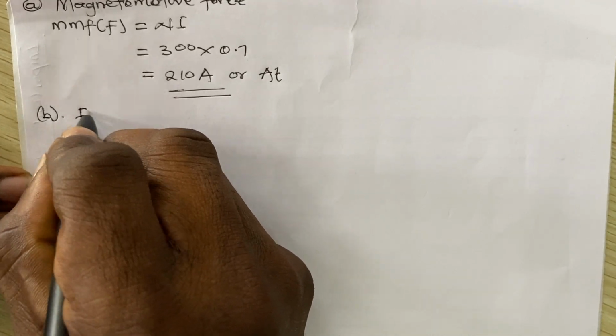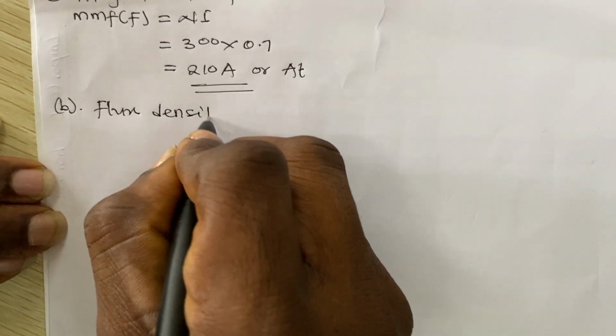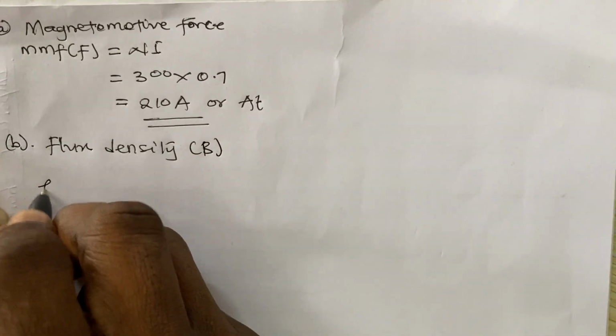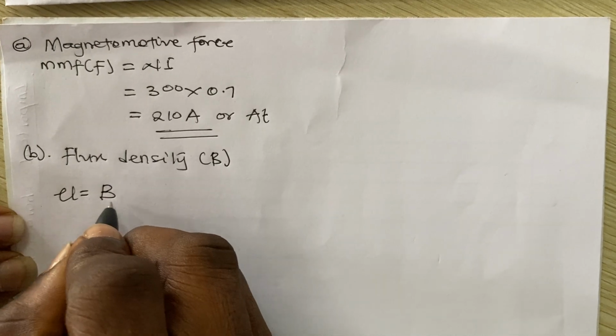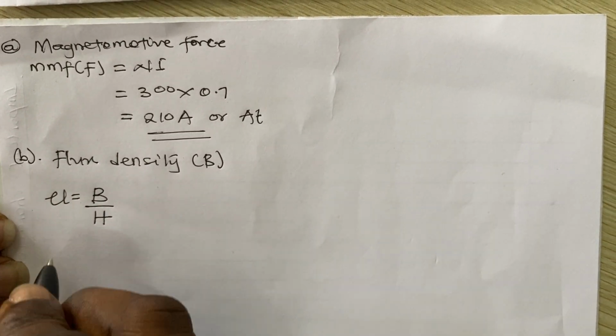Now we look for flux density. B, we should find flux density, right? Now we know that absolute permeability is equal to flux density on field strength, right?